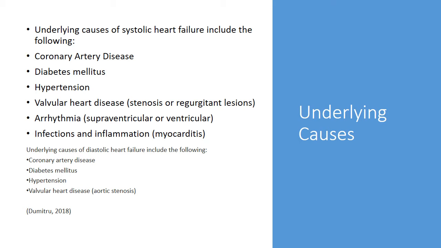Valvular heart disease, and we've already mentioned aortic stenosis. These diseases of the heart valves themselves can lead to the failure of the heart to act effectively as a pump. So if it's unable to produce enough force to overcome the stenotic valves, or if we have some regurgitation.